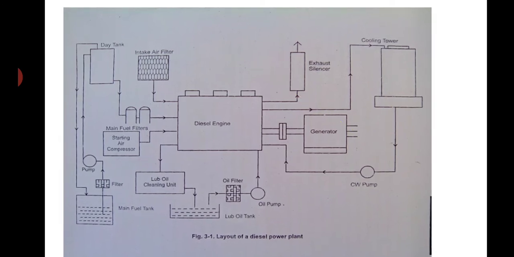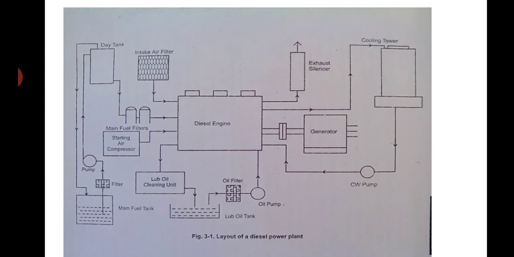You can see the cooling water. On the right hand top side, you have the cooling tower. From there, cool water comes. There is a cooling water pump, the CW pump. It comes to the bottom of the engine, and as it rises on the engine from bottom to the cylinder head at the top, it becomes hot, and then that hot water goes to the cooling tower, and in the cooling tower this heat is dissipated to the air.